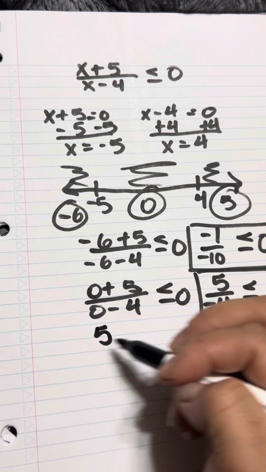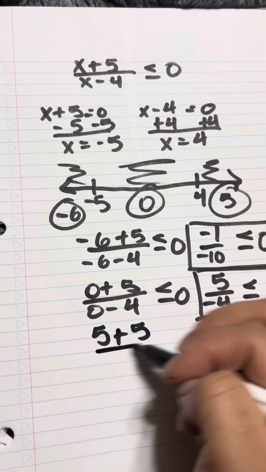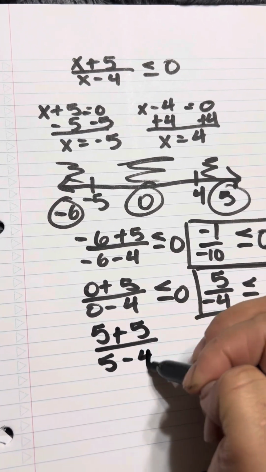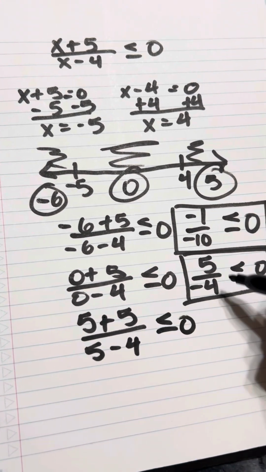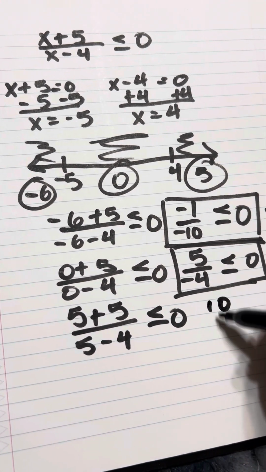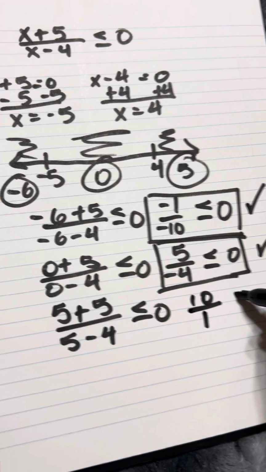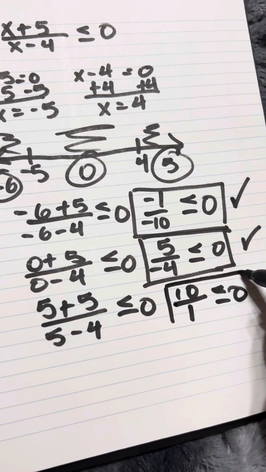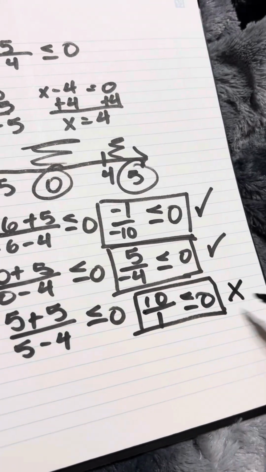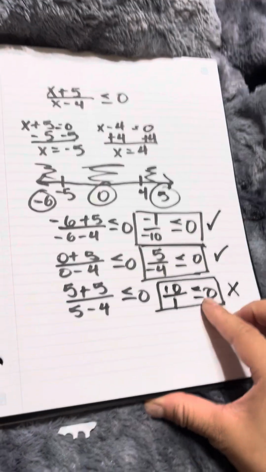And now we're going to test out 5. So 5 plus 5 over 5 minus 4 less than or equal to 0. And then we're going to have 10 over 1 less than or equal to 0. Answer is no. That is not a true statement because 10 over 1 is going to be a higher number than 0.